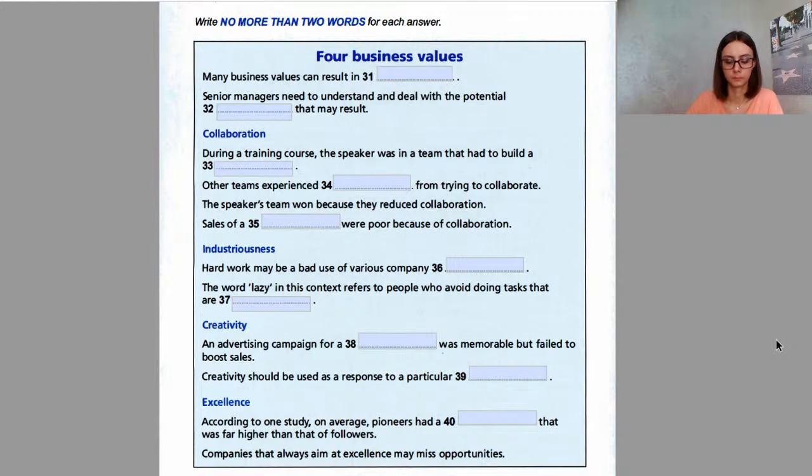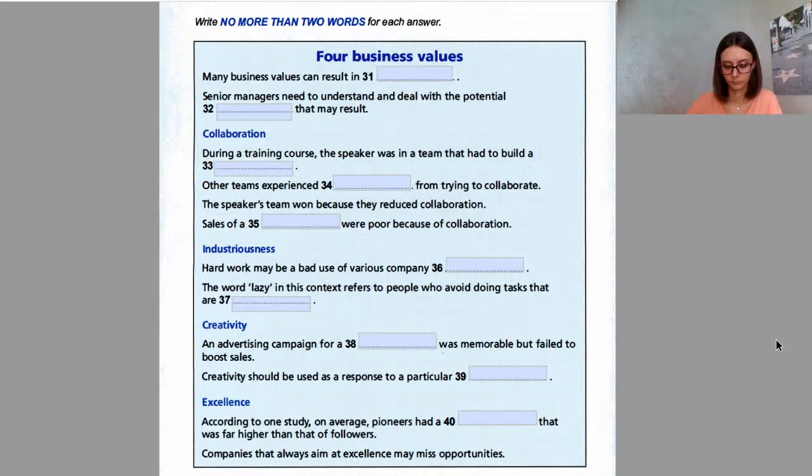And finally, excellence. We all know companies that claim they strive for excellence, but it takes a long time to achieve excellence. In business, being first with a product is more profitable than having the best product.